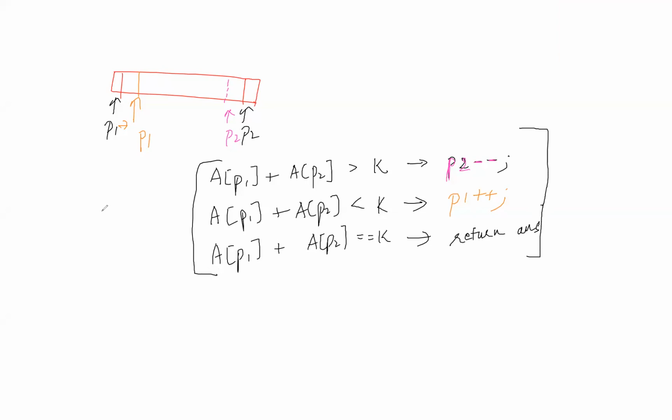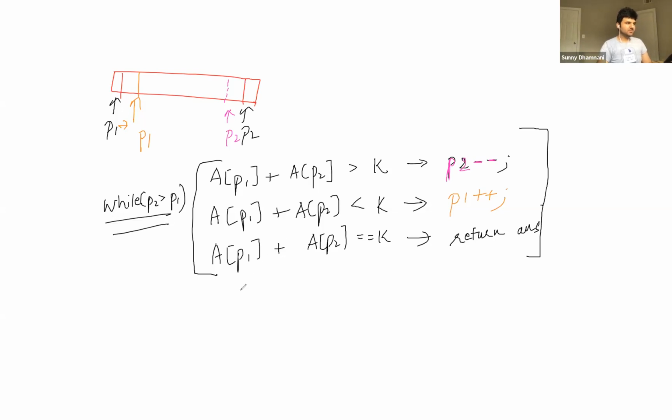We will keep doing this while P2 is greater than P1. Does that make sense to everybody? Yes, sir. Now, this is the pseudocode, or the approach and the thought process which we went through.